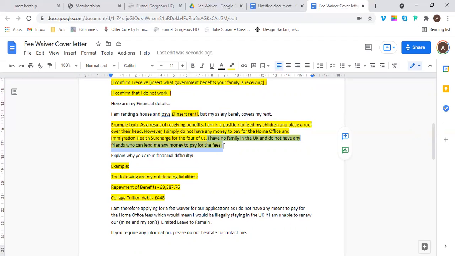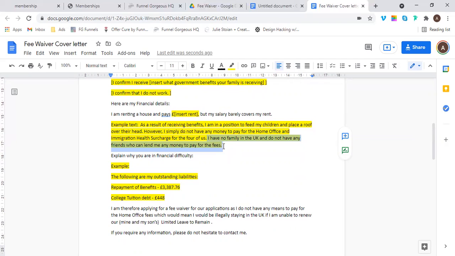I've included it there because, although the Home Office policy guidance would have been amended by now to explain that you can apply for a fee waiver if it's clear that you can't afford it, immigration caseworkers will probably expect you to borrow money from friends and family. So if you have no family in the UK, or if you have family but they're also in a difficult position, then include it there.